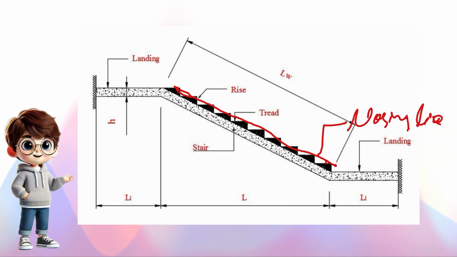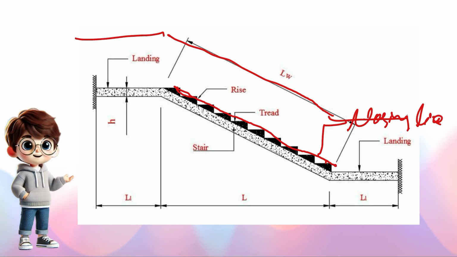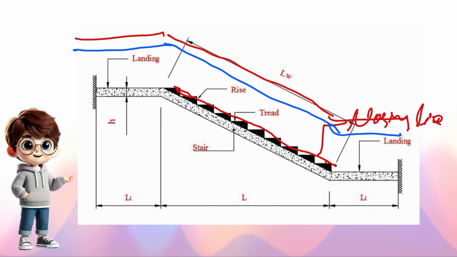Now OSHA standards for this stair: at the ends of the stair there will be rails also, because by holding those rails only you will climb the stair, right? This we call the grab rail.